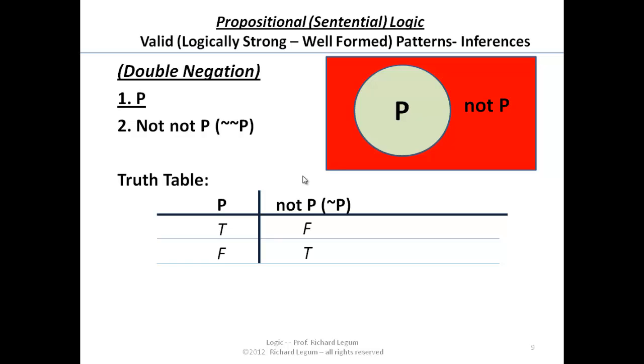And if we negate it another time, if we put it in the other column, we'd see that it would look exactly like the P column, which is why double negation works. Even though in English, it is grammatically incorrect to use a double negative.